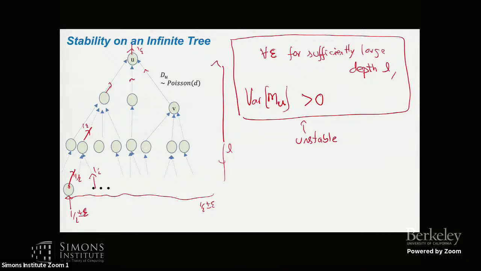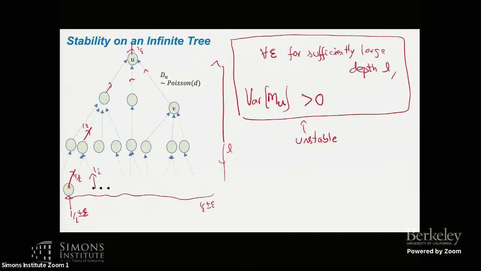That's the right order of quantifiers. So if I perturb by epsilon and go to sufficiently large depth, I should be able to make the output perturbation smaller than any delta. That's stable. But if I see the perturbation at the root, that's unstable.